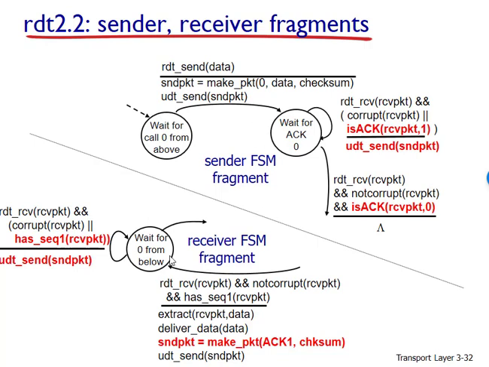Here is the receiver waiting for that message down below. Now let's say it comes in and it does not have an acknowledgement 0. It has something else. Well, that would indicate to this receiver that it is not getting the correct packet. So it doesn't do anything but resend the same acknowledgement that it sent previously.